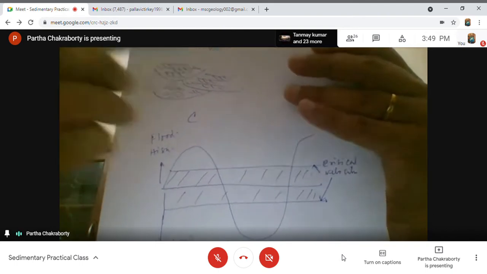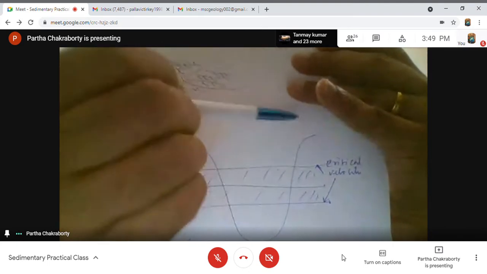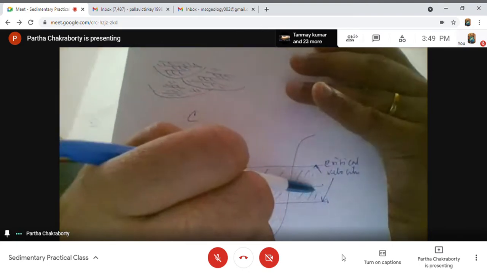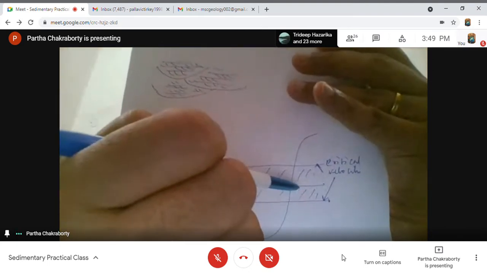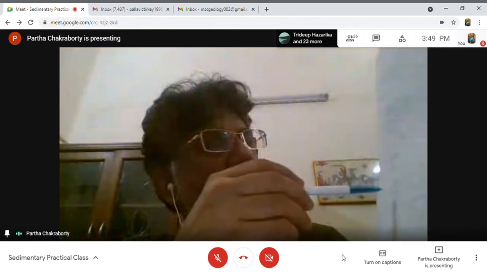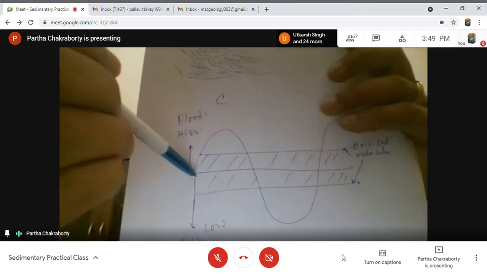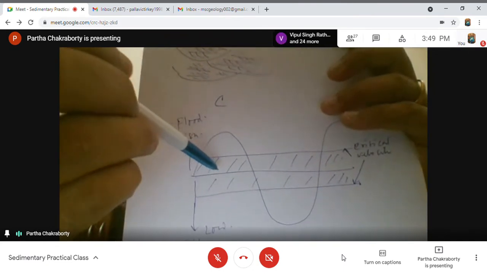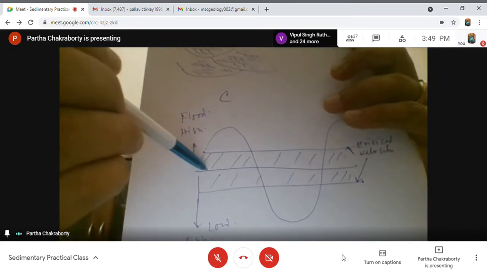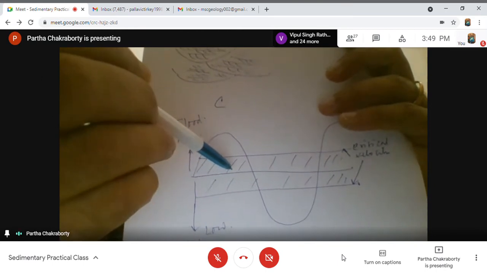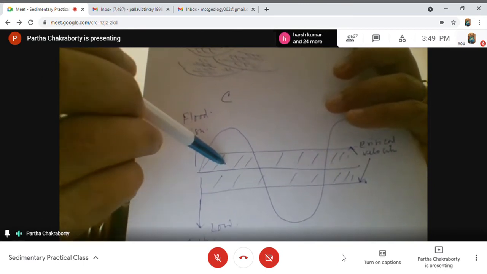So what will happen when, suppose from here, the velocity increases. The velocity is not enough to move sand, but it is sufficient for suspension settlement of mud.